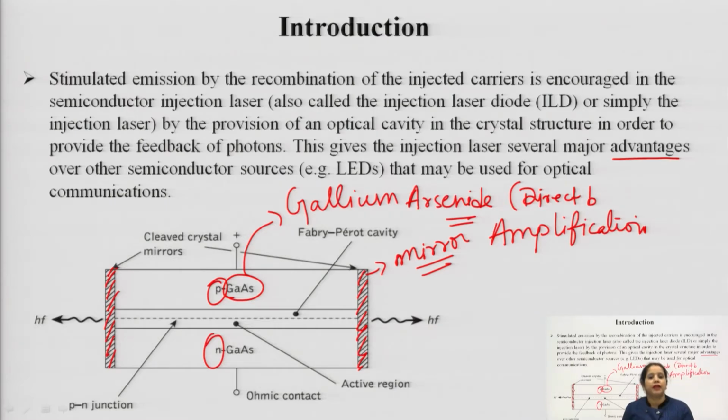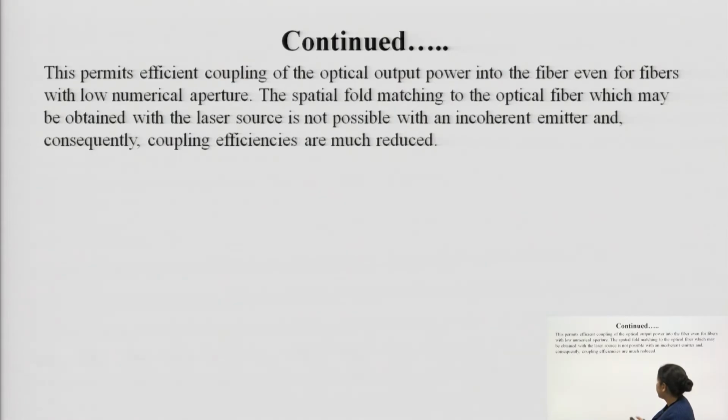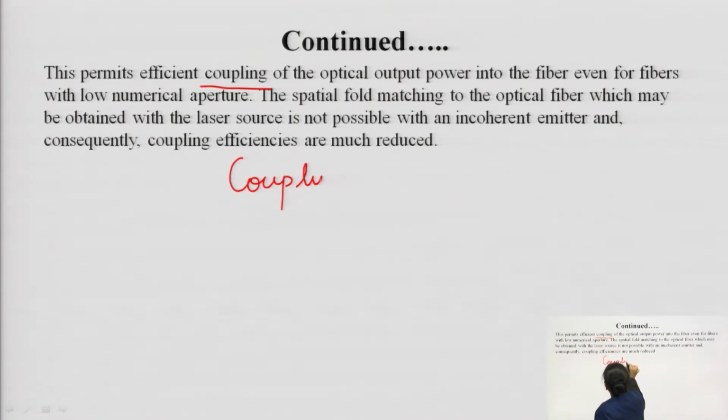It is able to emit higher light intensity. This permits efficient coupling of the optical output power into the fiber. What do you mean by coupling? Everybody knows that coupling is a process by which we provide power from one medium to the other.